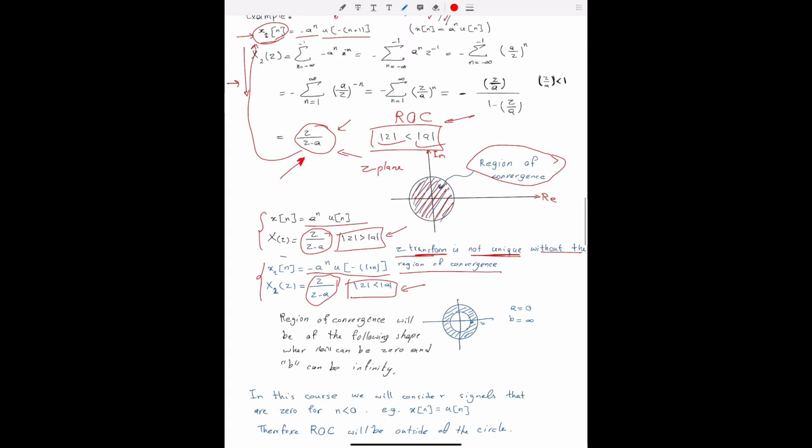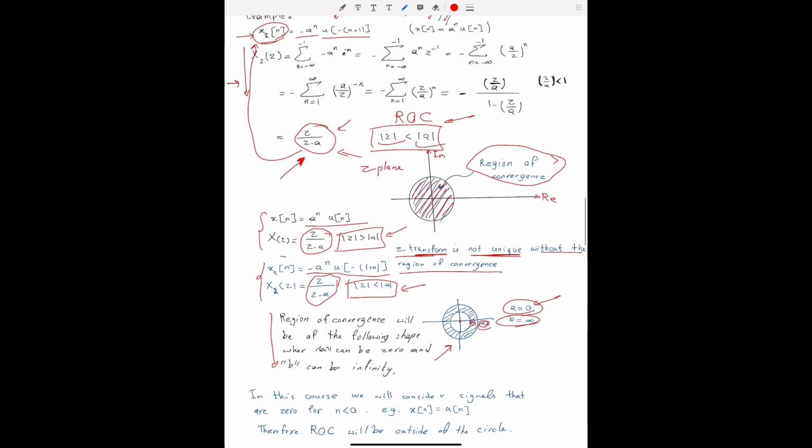And usually the region of convergence will be of the following shape, right? Where the radius of the inner circle is A and the radius of the outer circle is B. And the radius of the inner circle A can start from 0, so it could cover all of this circle.